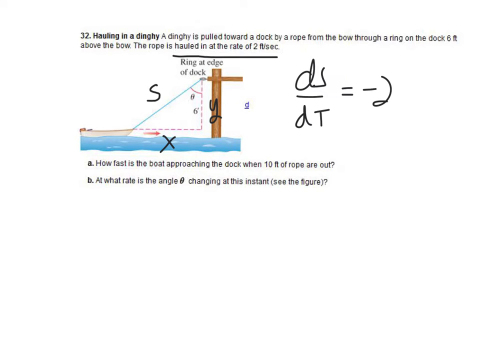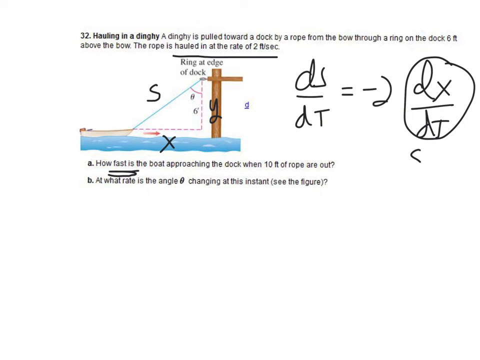I'm going to caution you though that in my MyMathLab, when they ask how fast, see how it's asking how fast? That's a speed. I got it wrong the first time I tried it because I kept it as a negative. It is a negative because that distance dx/dt is what we're looking for, and that is decreasing, so technically it should be expressed as a negative, but because they're asking how fast, we're talking about a speed, not a velocity. Okay.